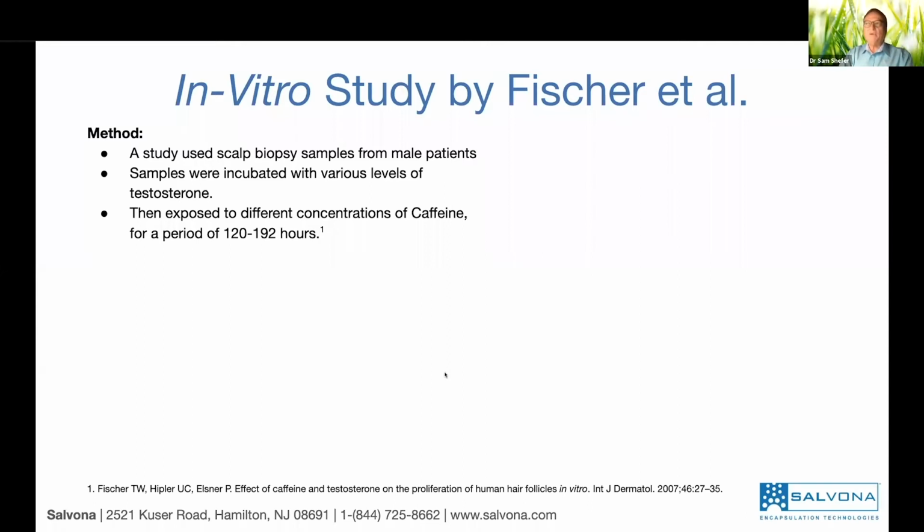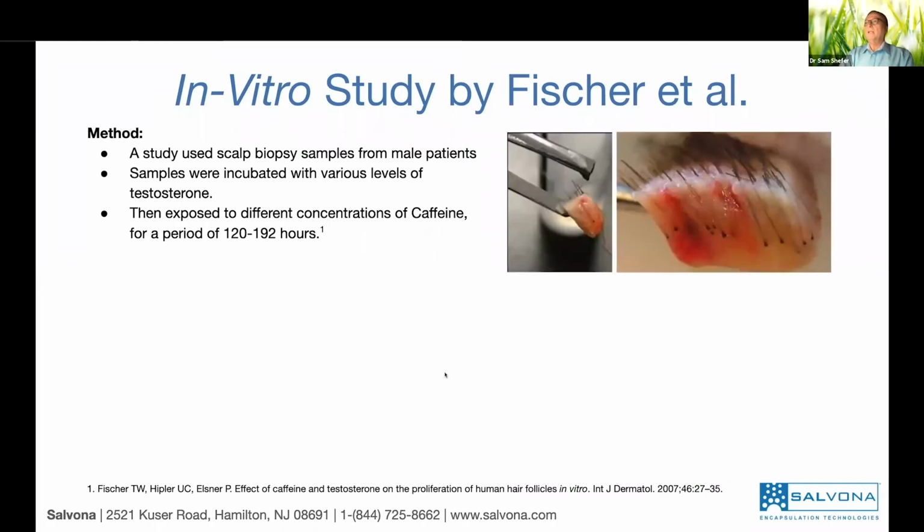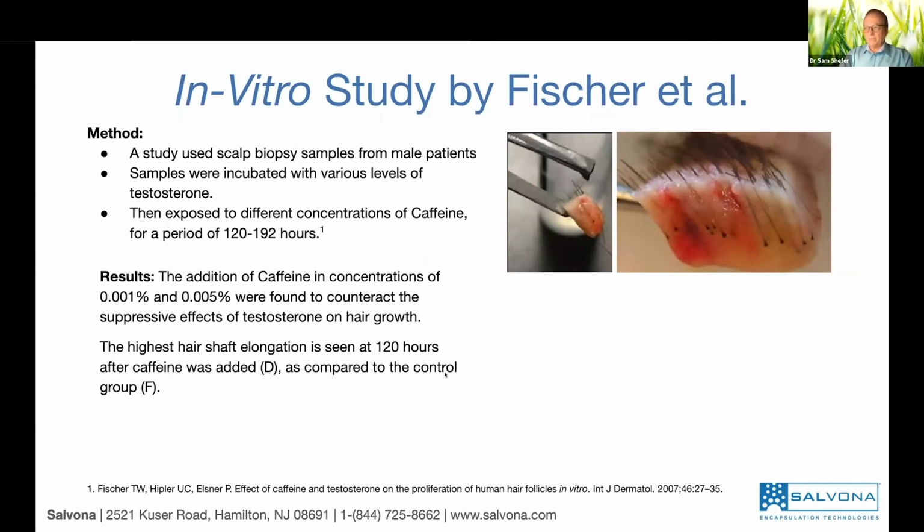Then after a while, they exposed them to caffeine and wanted to see what the caffeine does to a hair follicle that's already exposed to testosterone. So this is what you see here in the picture. These are the pieces that were taken from the scalp, and then you look under the microscope and you can see what's happening. I will show you what they saw.